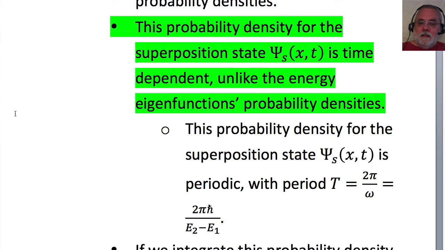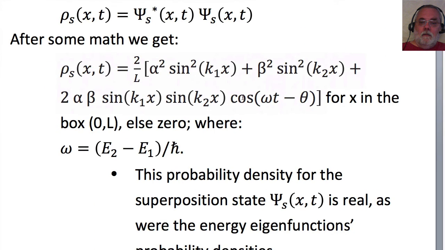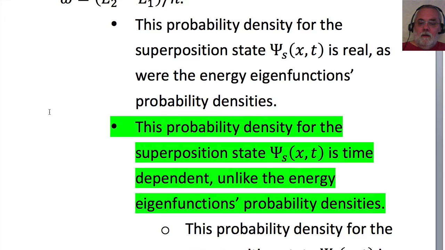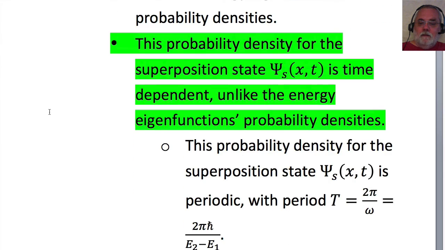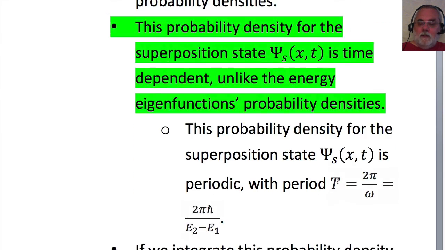It is periodic, cosine of omega t minus theta, with period capital T equals 2 pi over omega equals 2 pi h bar over E2 minus E1.